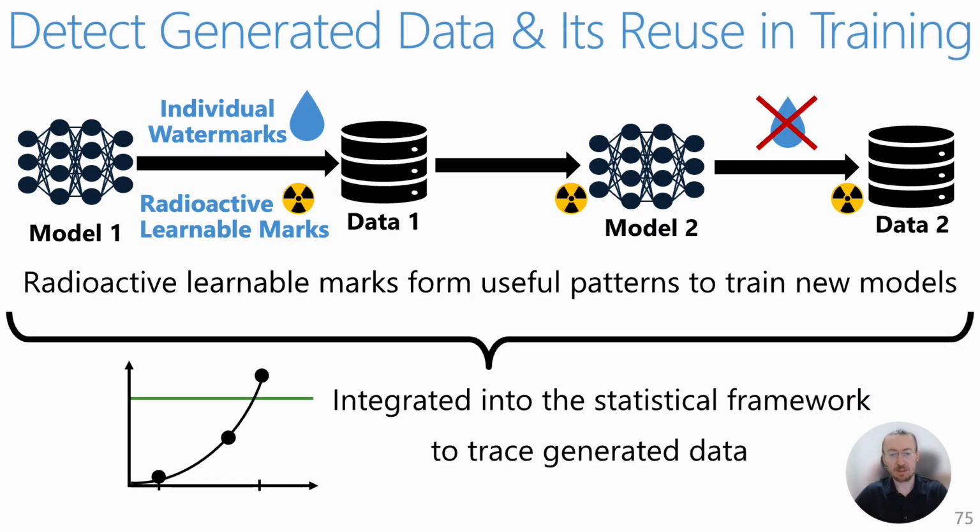We can then integrate this into a statistical framework to trace the generated data. For example, for BitMark, we can compute a z-value. We use statistical testing to give us some confidence about whether given images were generated or not, as well as finding out whether model 2 was trained on images that were watermarked with BitMark or with SeRum. Then model 2 would emit one of these watermarks.